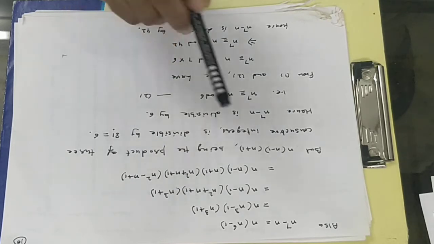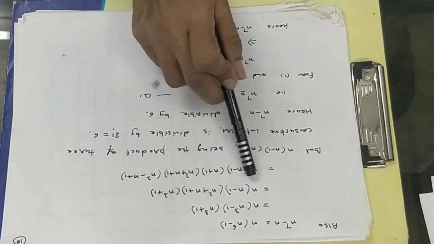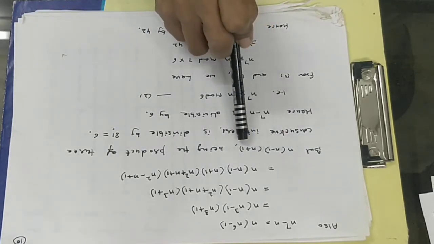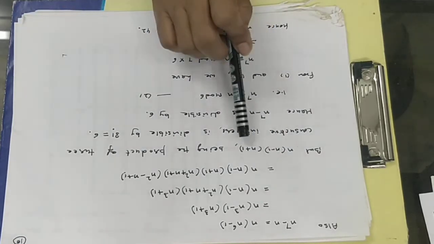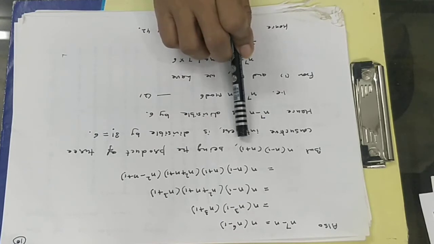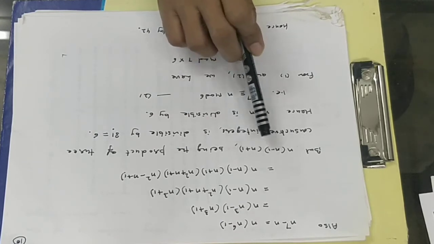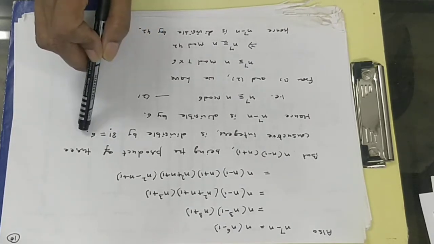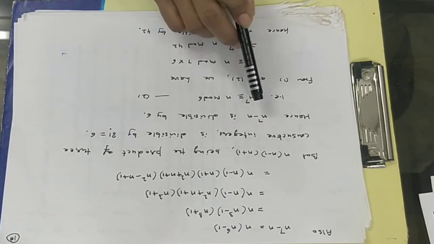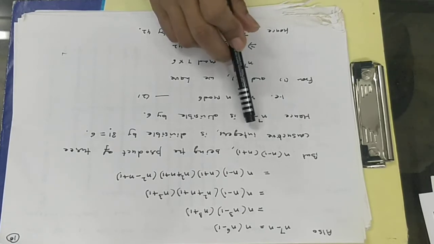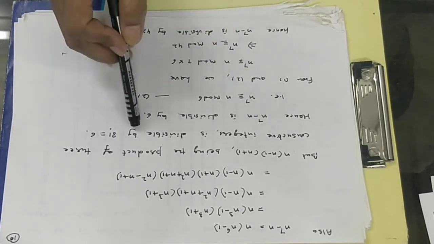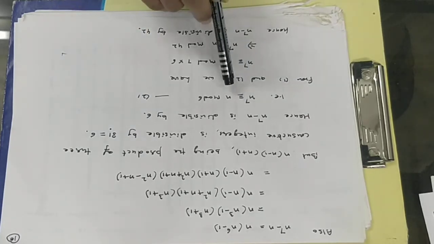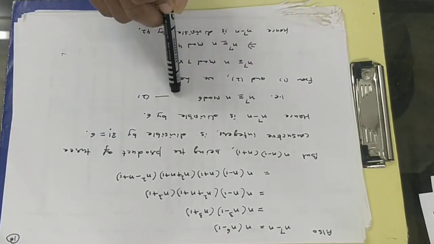Now we know that this product, that is n into n minus 1 into n plus 1, is the product of 3 consecutive integers, and we know this result, that 3 consecutive integers are divisible by 3 factorial, which is equal to 6. Therefore we can say that n to power 7 minus n is divisible by 6. So n to power 7 is congruent to n modulo 6.